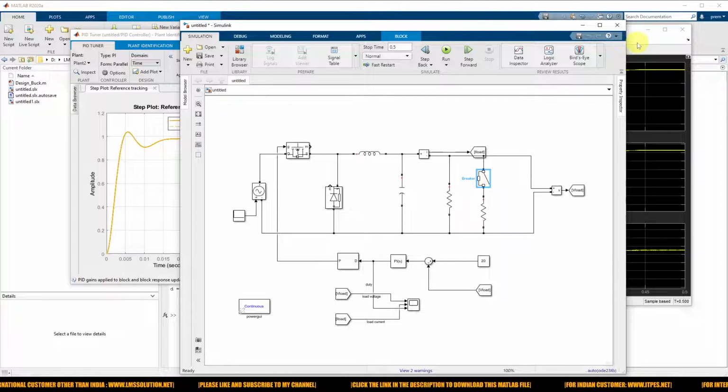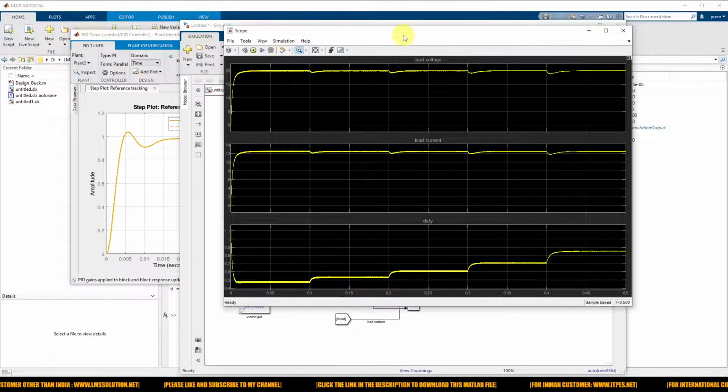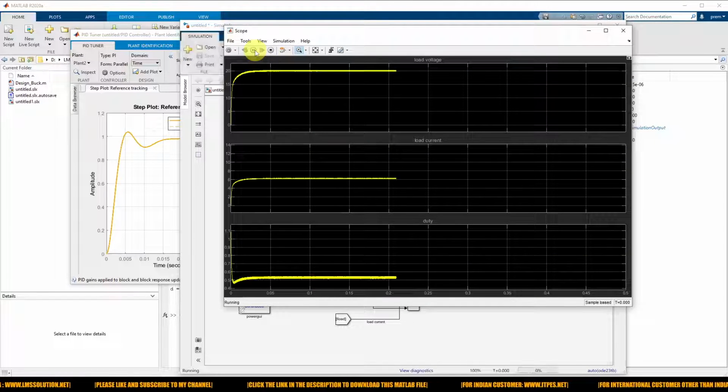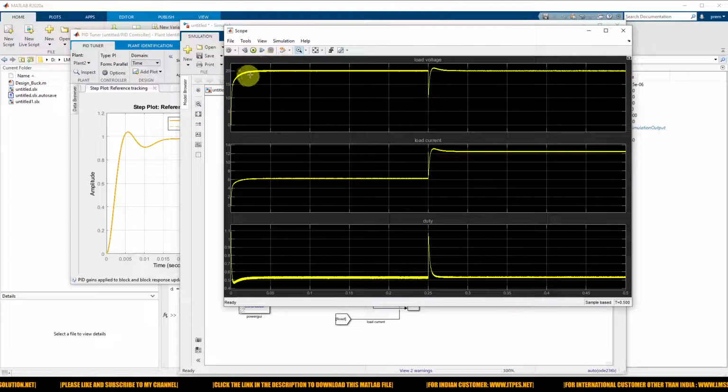Next you can see the variation of load voltage, load current and duty cycle. Now you can see that for the 50 percent load, the load current is around 6.5 or 6.3 amps, and the load voltage is maintained at 20 volts.